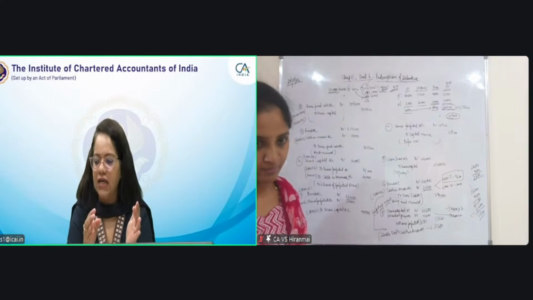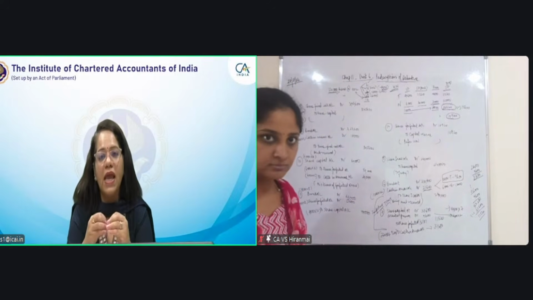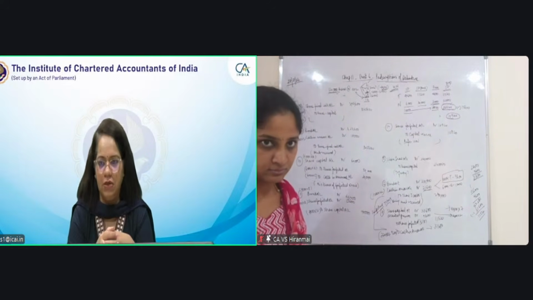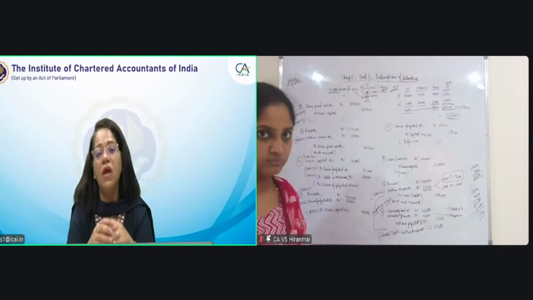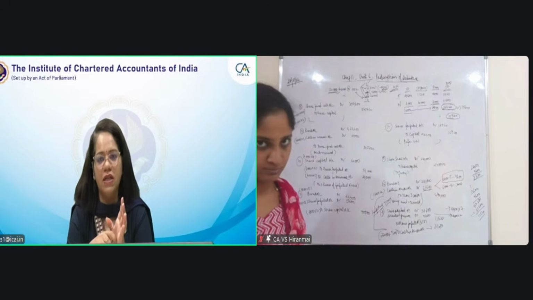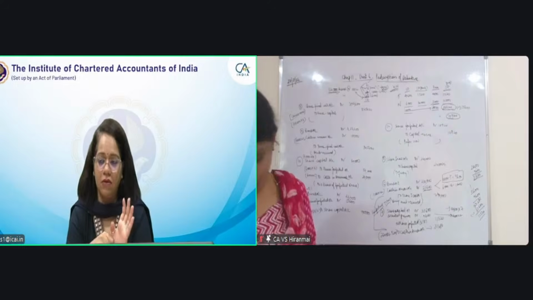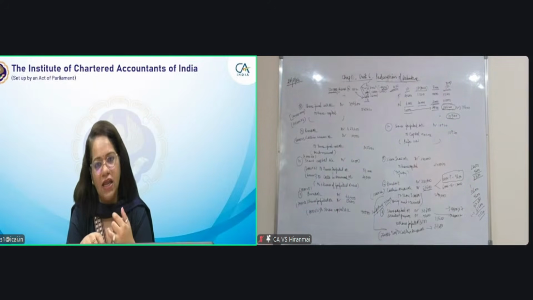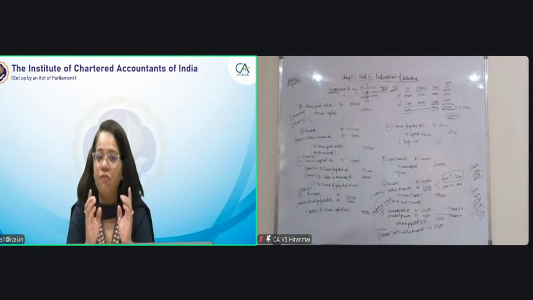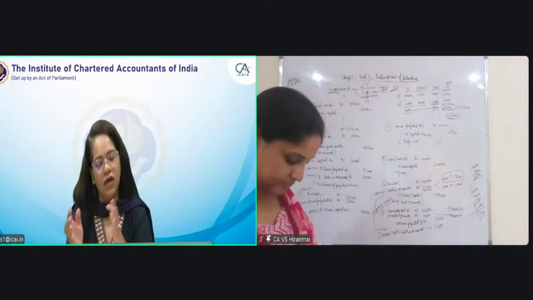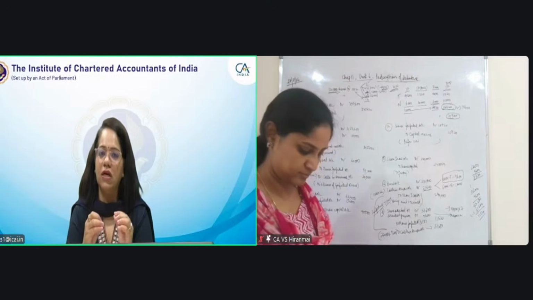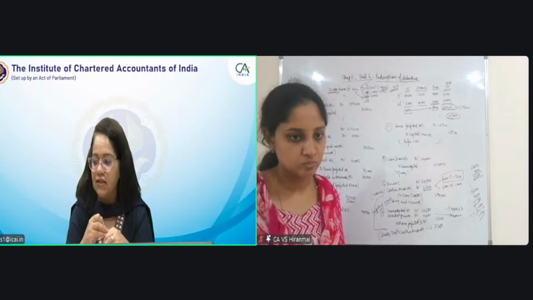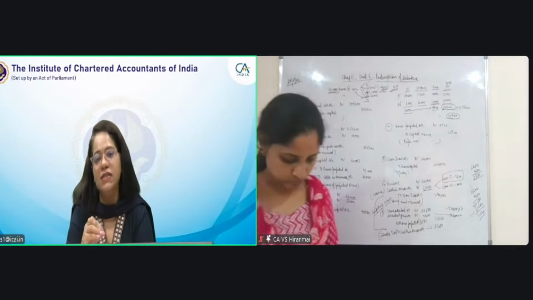He can ask true and false from any line of your study material. So you have to go through every line of your study material. He can ask you anything. So please, doing the true and false questions at the end of every unit is of prime importance. And for other things, you have to go through the study material and understand it, rather than mugging up.